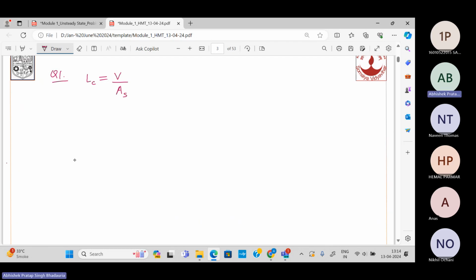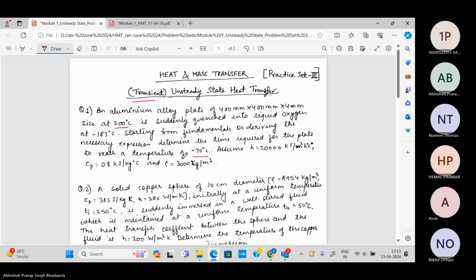So the surface area we have to calculate. Since it is a plate, the dimension is 400 mm by 400 mm by 4 mm. The surface area will be 400 mm by 400 mm, and since there are two sides of the plate, we multiply this by 2 in order to take the surface area of both sides of the plate.